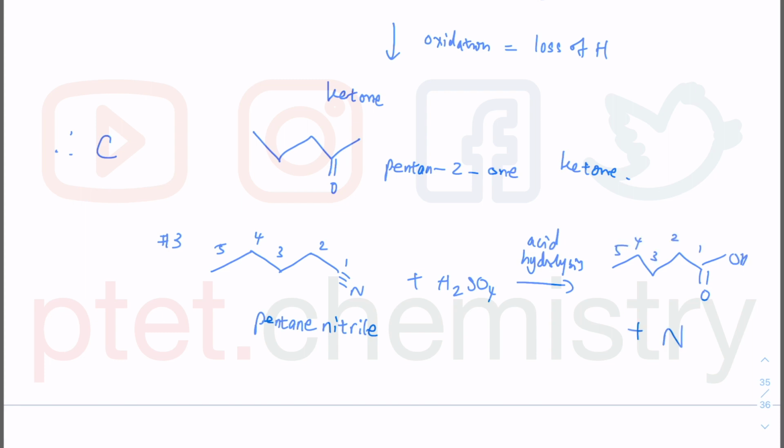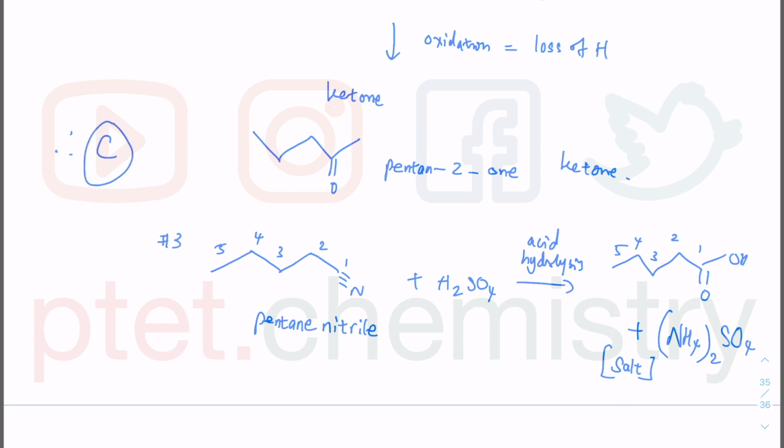And don't forget that you're supposed to get NH3, but NH3 is a gas, a base that can react with the acid. So what you get is the salt, NH4 plus, ammonium sulfate. Because you are in acid hydrolysis, your base gets neutralized to form a salt, and your carboxylic acid remains an acid.